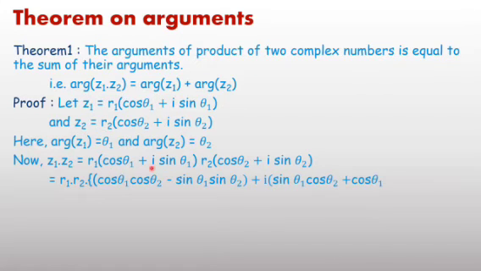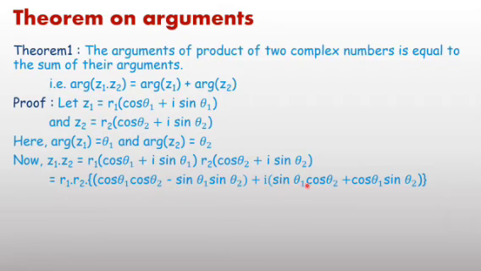Inside the bracket, open the product: cos theta 1 cos theta 2 plus i square sin theta 1 sin theta 2. The value of i square is minus 1. Therefore minus sin theta 1 sin theta 2, plus i sin theta 1 into cos theta 2.